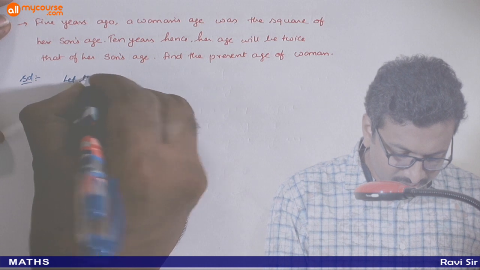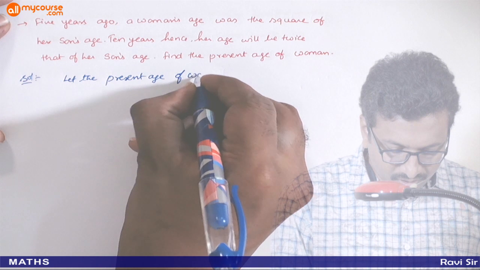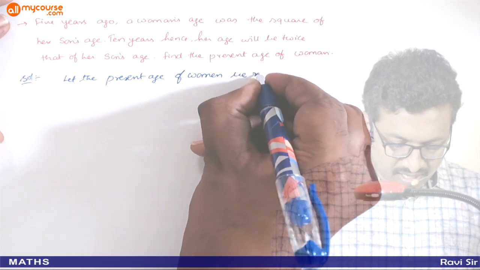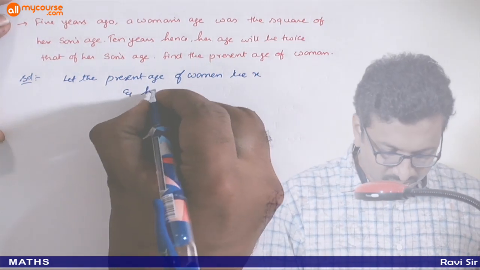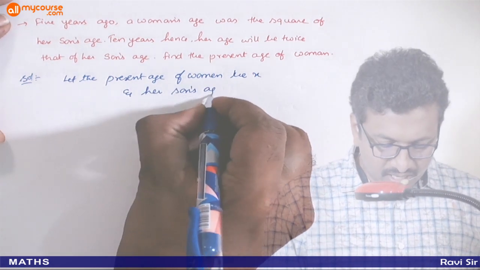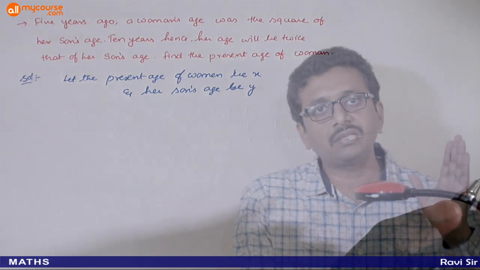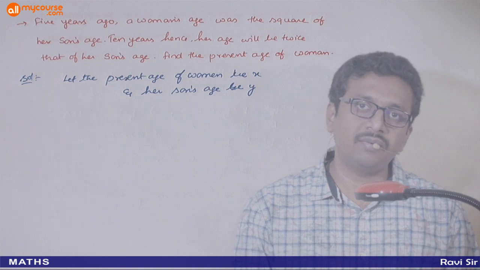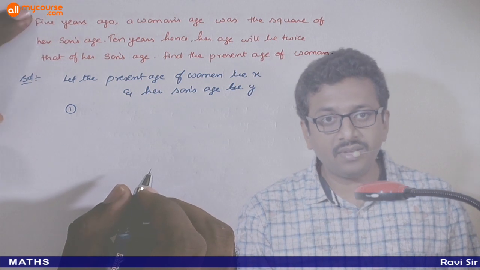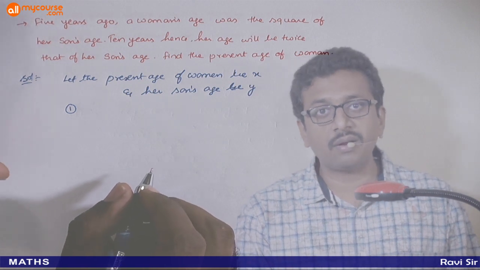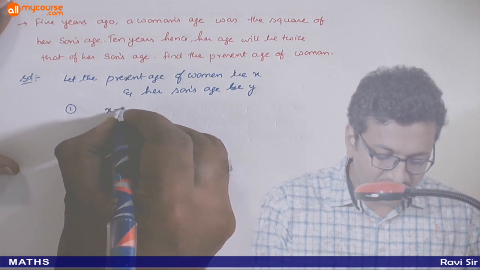So let the present age of the woman be X and her son's age be Y. So what is the first condition? 5 years ago the woman's age was the square of her son's age. 5 years ago the woman's age is X minus 5.